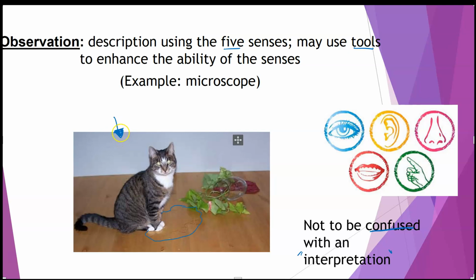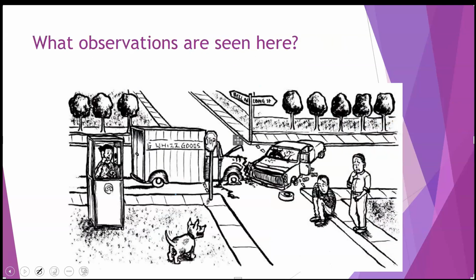Would you say the observation is the cat knocked over the vase? No, that's an interpretation. We see a cat in a puddle of water. That's an observation. It's very objective. We're not putting blame on the cat, right? We're not taking our experiences of not liking cats maybe and coming up with an answer. We're really just looking at exactly what we see.